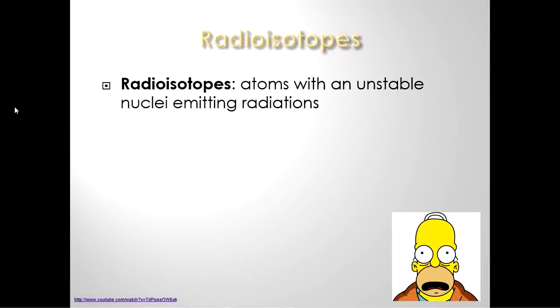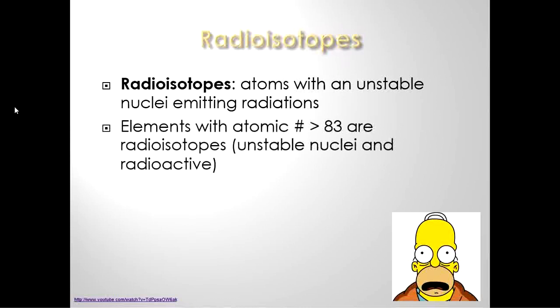What happens to the person after? Usually they calm down, right? Usually they're stable again. And that's kind of similar to these radioisotopes. They have so much energy pent up inside that they release that energy in the form of radiation, so that's a lot of energy going out. And then afterwards, their nucleus is stable, okay?